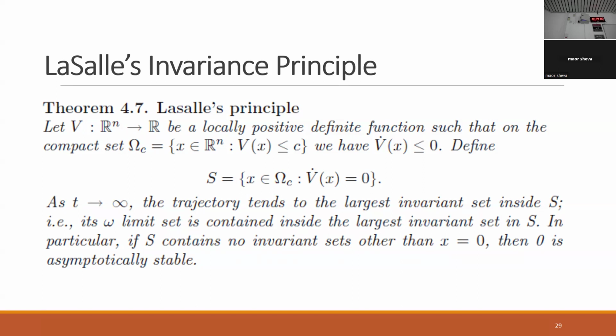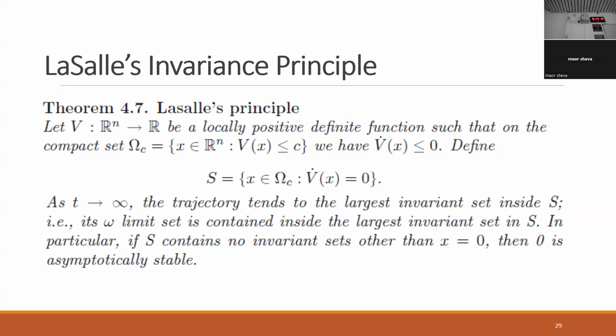As t goes to infinity, the trajectory tends to the largest invariant set inside S, inside this set where V dot equals 0.